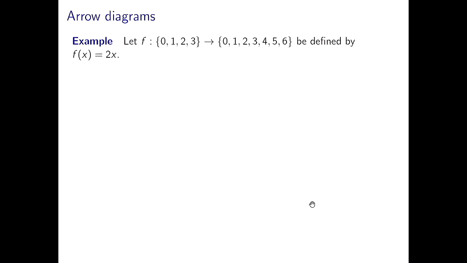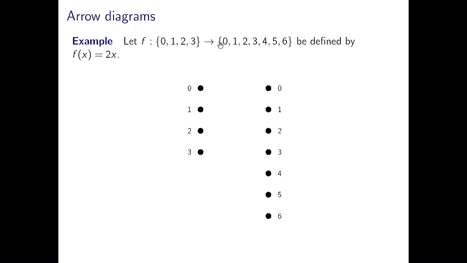So one really useful way to view functions, at least for me, is to draw what we call an arrow diagram of them, right? So let's take that function we saw on the last slide. To draw an arrow diagram, we put a dot on the left-hand side of our page for every element of the domain.